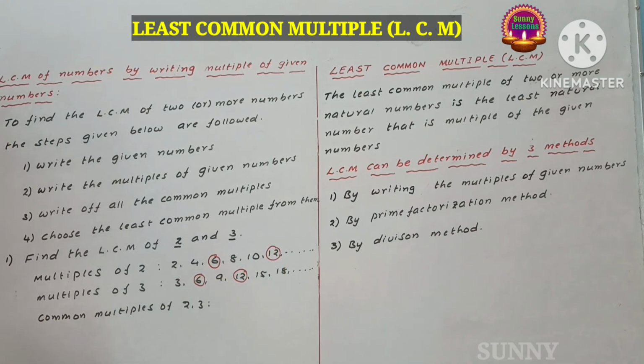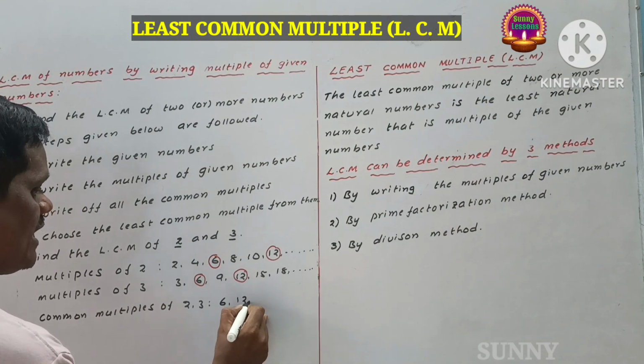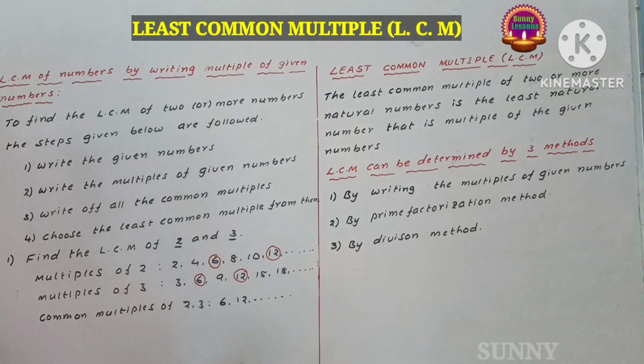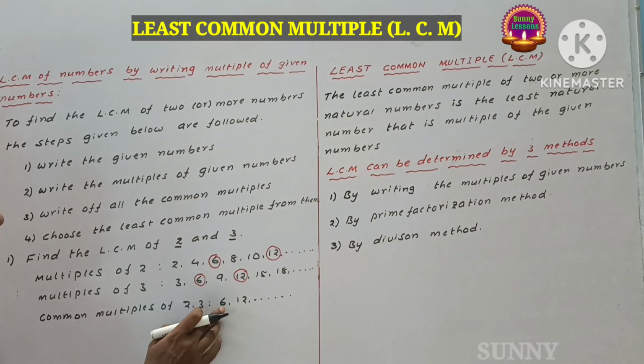The last step is to choose the least common multiple from them. What is the least common multiple of 2 and 3? That is 6. So the LCM of 2 and 3 is 6.